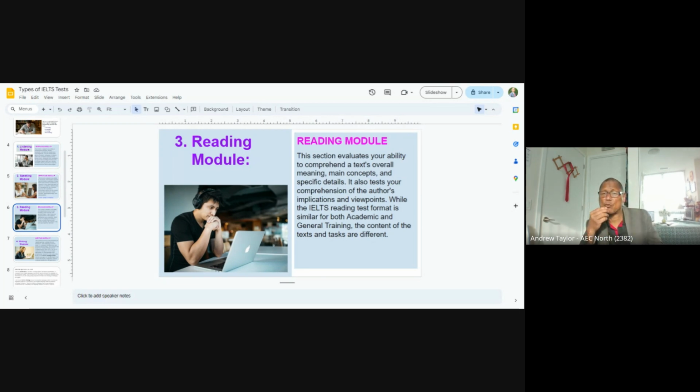for example, according to this one, this section evaluates your ability to comprehend a text's overall meaning. Means you don't need to understand word for word. You just have to understand the sentences in context. You don't have to say, oh, what is the meaning of lexical.